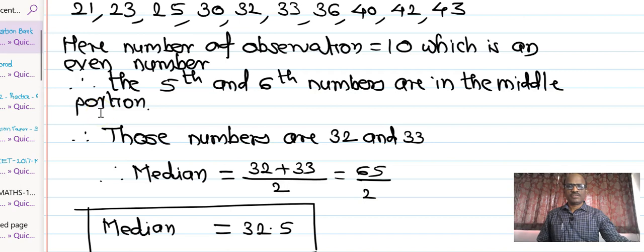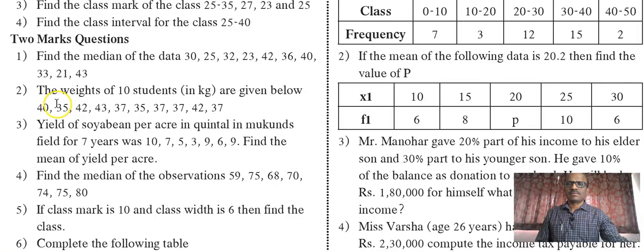The fifth number is 32 and the sixth is 33, and therefore the median is 32 plus 33 upon 2, that is 65 upon 2, and therefore the median is 32.5.